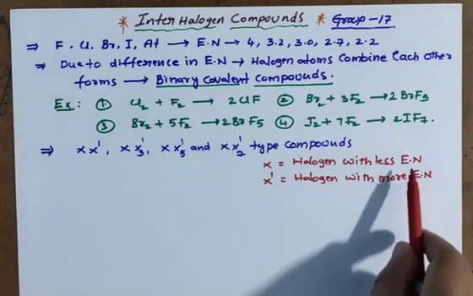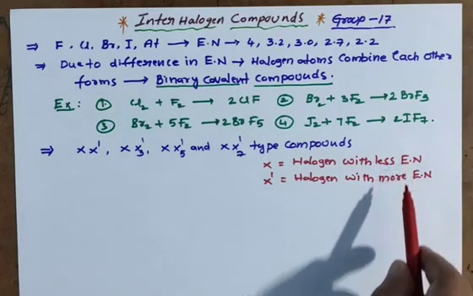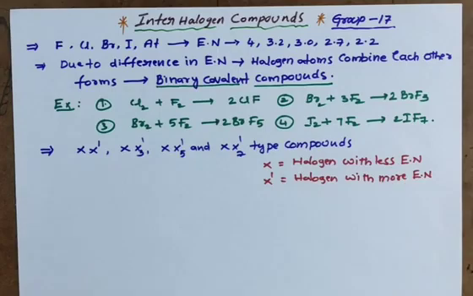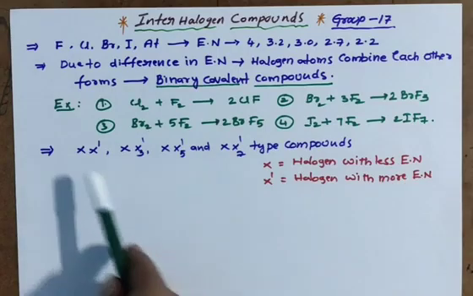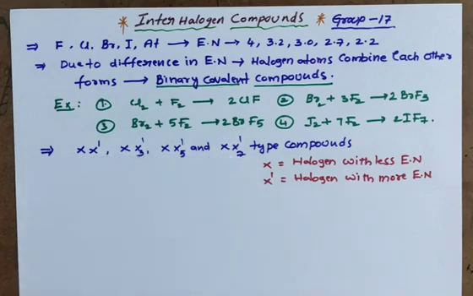Less electronegative means small in size, more electronegativity means bigger in size. That also you can remember. So only this type of compounds they will form.